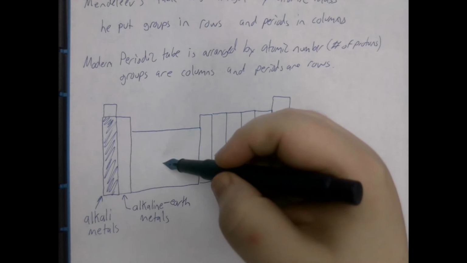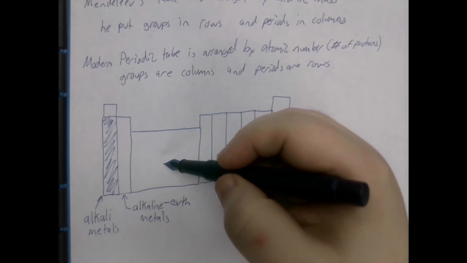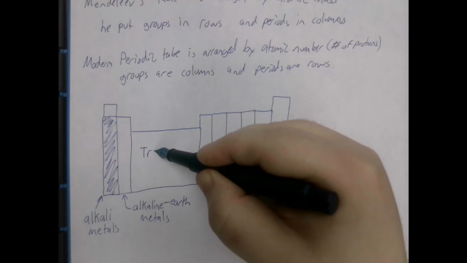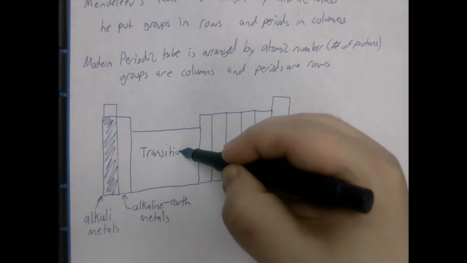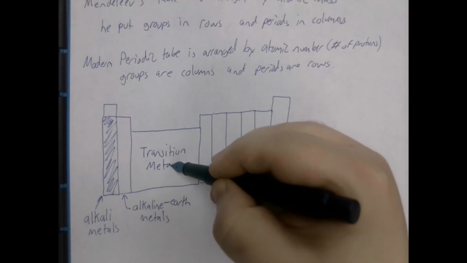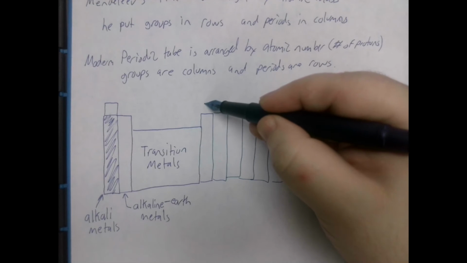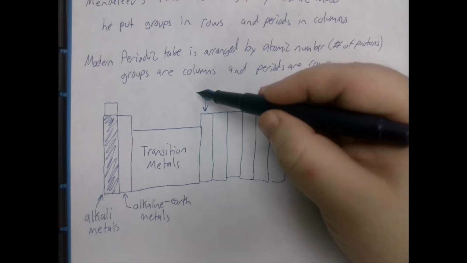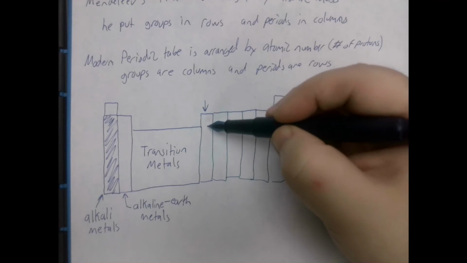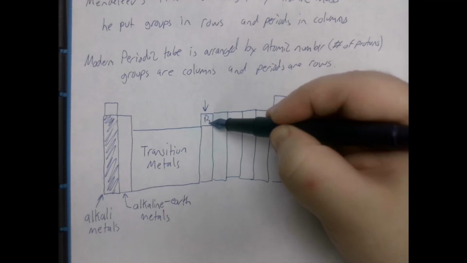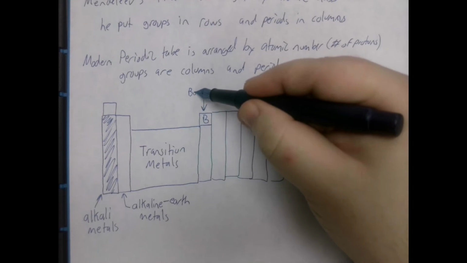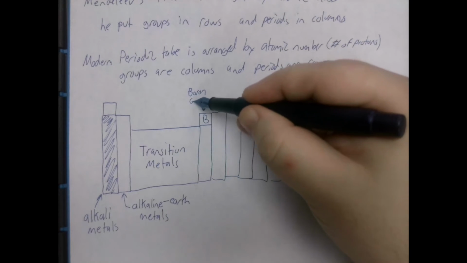What goes inside? Oh, those are the transition metals. What about this group? This starts with B. That's the boron group. Yeah, that's the staircase.